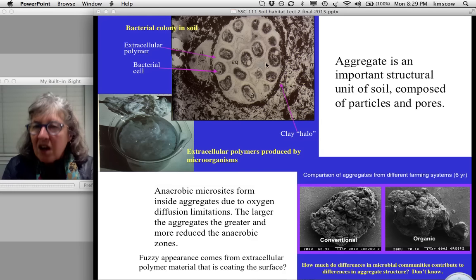In soil, colonies are much, much smaller. And you can see here that this mother and her daughters are enmeshed in this extracellular polymer, in this material that's been excreted by the bacteria, which I always say most self-respecting soil organisms are going to be sitting in these polymers.